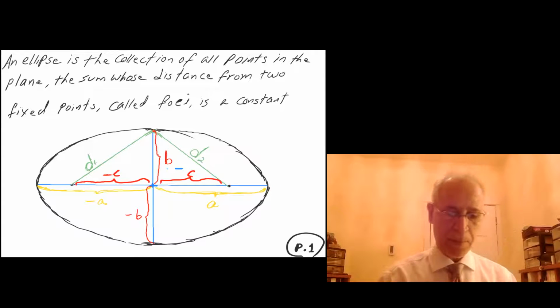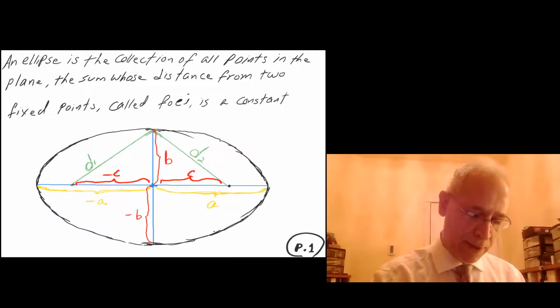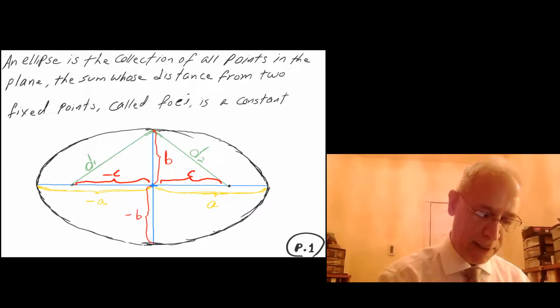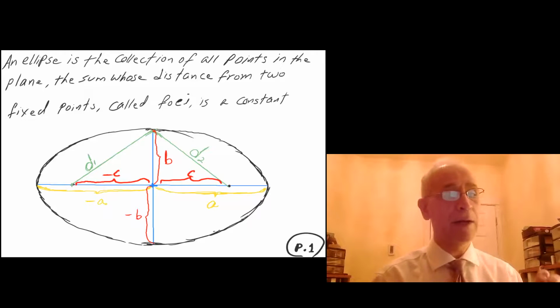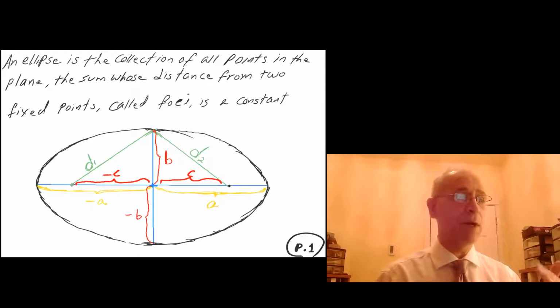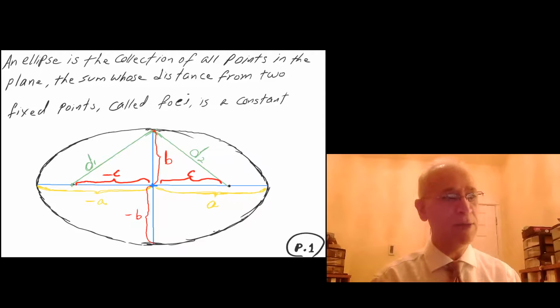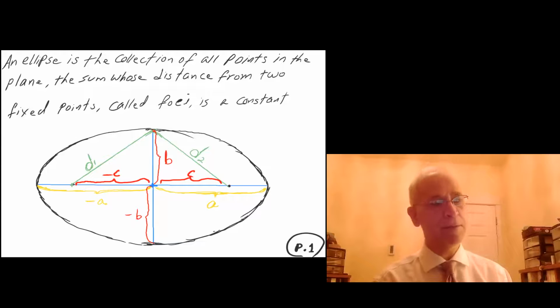Let's call this right here D1, the distance from this point. Since C and minus C are equal, they're the same size, therefore D1 and D2 are the same size.